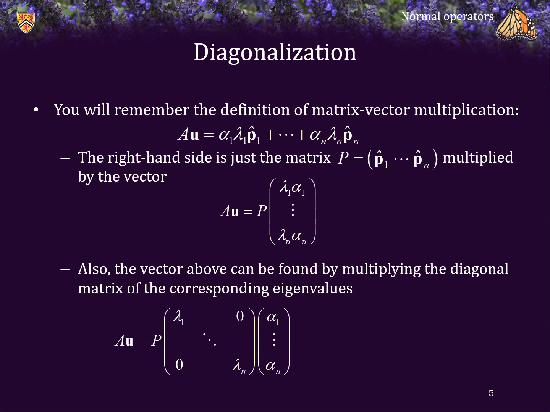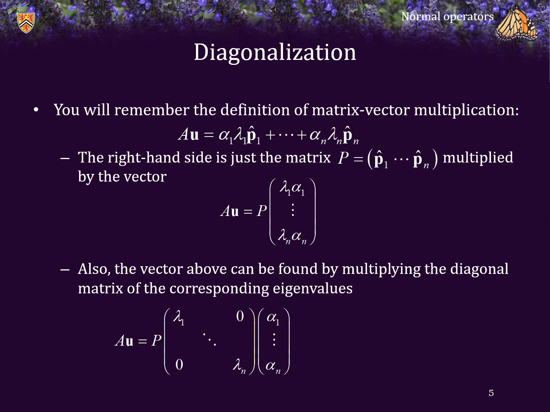Also, however, we can actually calculate this vector by multiplying the alpha vector by this particular diagonal matrix. That is, the diagonal matrix that has the eigenvalues on the diagonal. So multiplying that diagonal matrix times the alpha vector gives us the vector we see in the center.